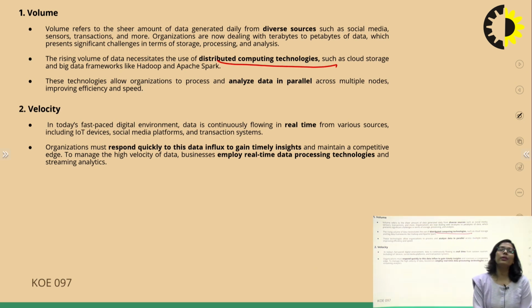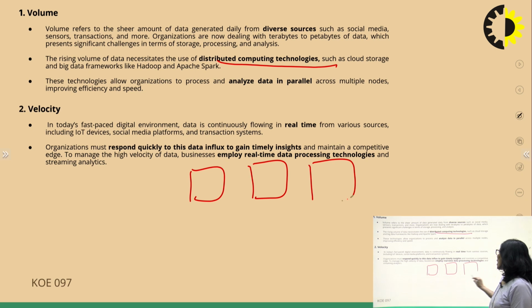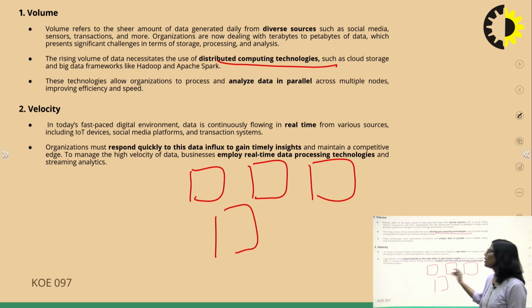I have told you that it was very expensive to store the data on expensive servers. So in big data, we are storing the data using a distributed technology. We are storing the data across various commodity hardware in a distributed manner.